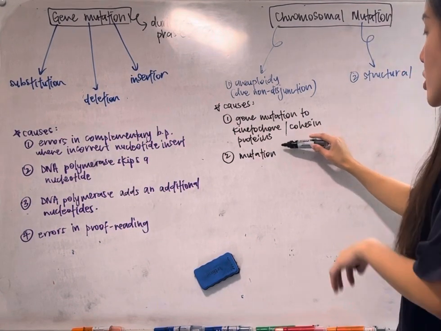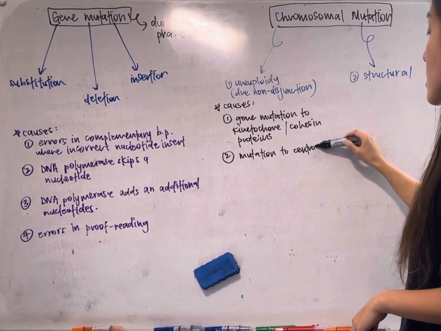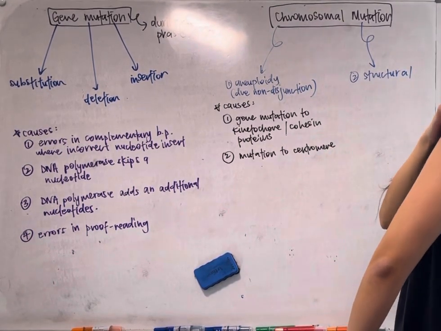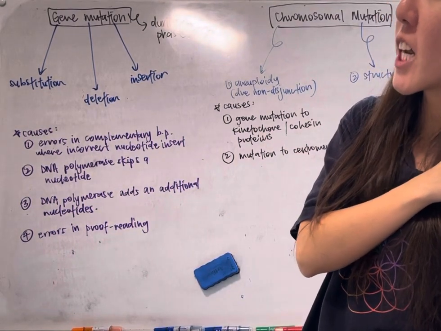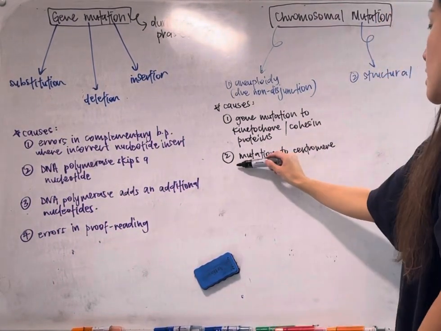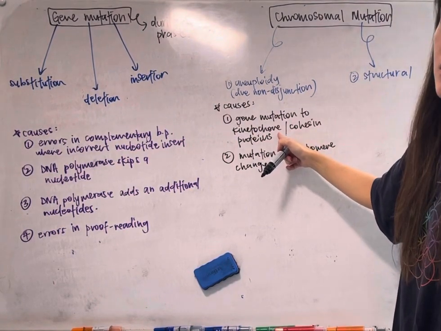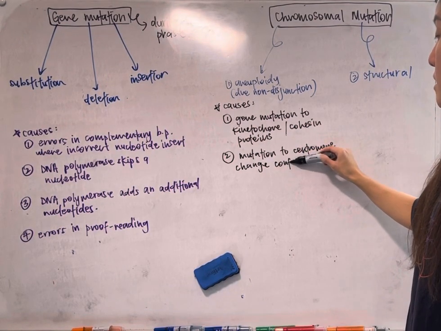I cannot call that a gene because the centromere, you should know, is not coding for any protein. But the idea is, how can a mutation in the centromere lead to aneuploidy? Maybe the mutation in the centromere will change the conformational shape of the centromere, which disallows the kinetochore and the cohesive protein to bind.